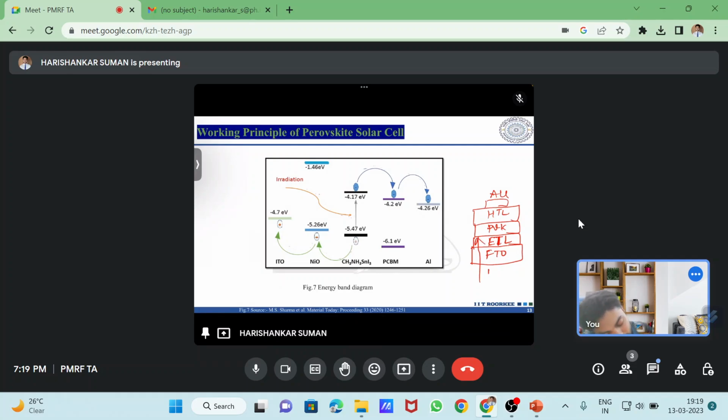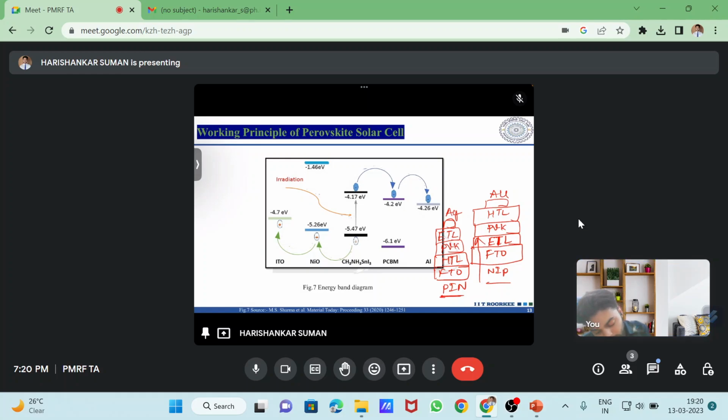This is the NIP configuration. PIN is when the hole transport layer is on the FTO, then HTL, perovskite, and N is the electron transport layer, then the top electrode. Two types of configuration, PIN and NIP.